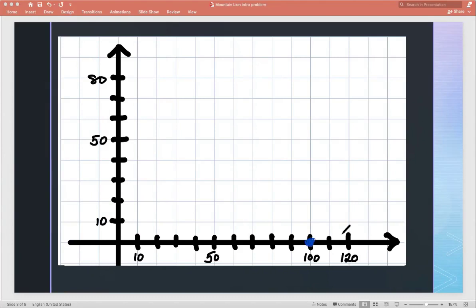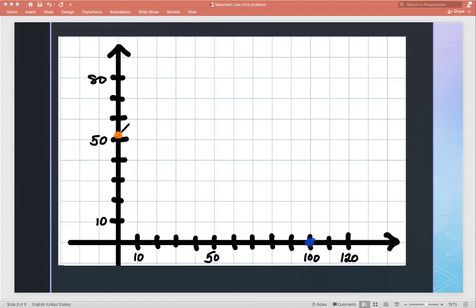You're told the mountain lion is at a position 51 miles north of the station. So that would be about right here. And he's making his way north and east. And we're trying to basically see if the ranger's path and the mountain lion's path are going to cross.